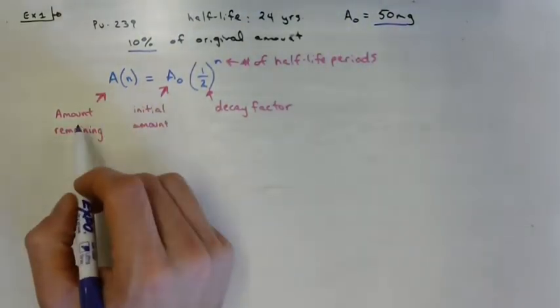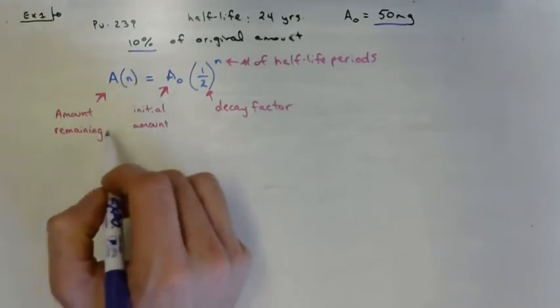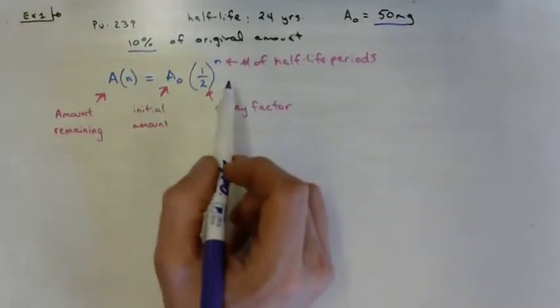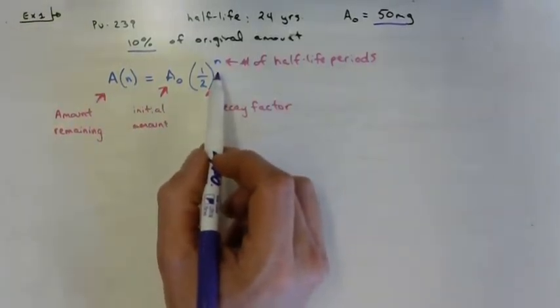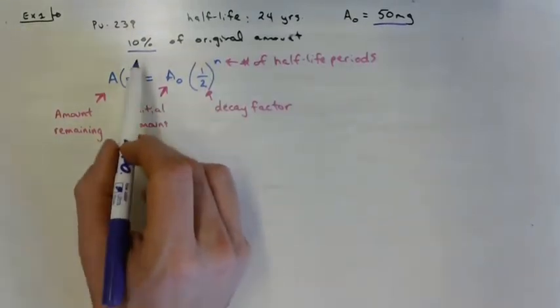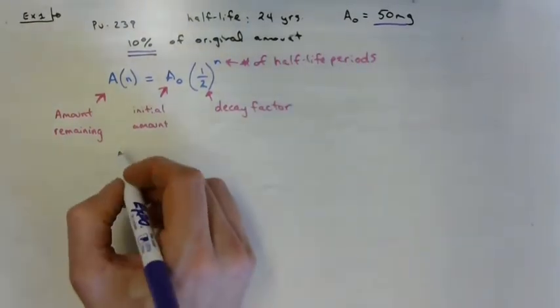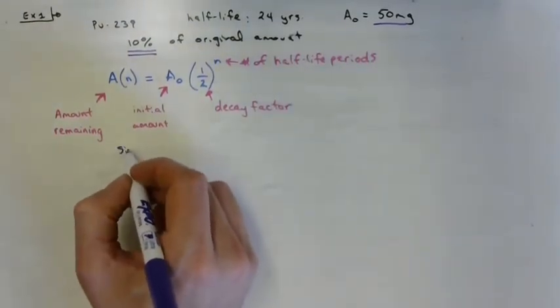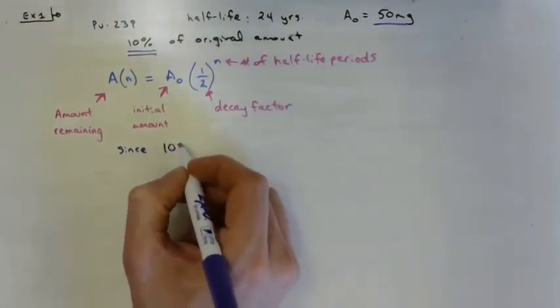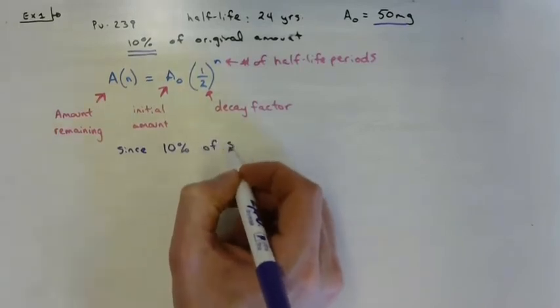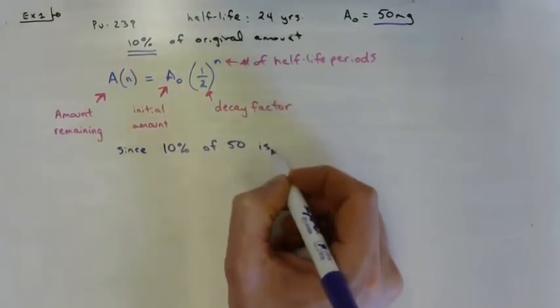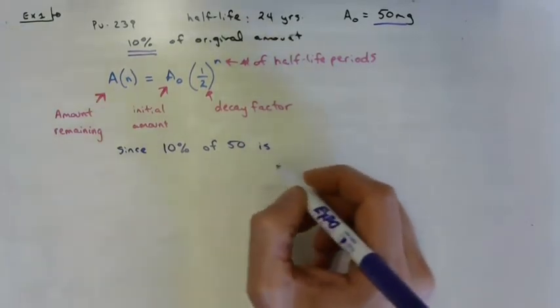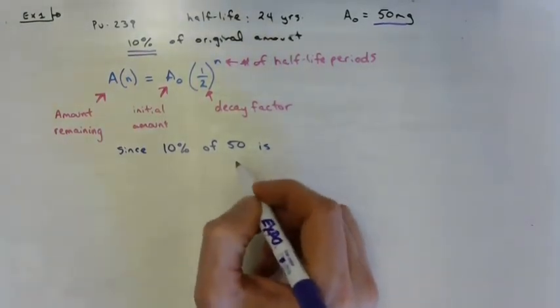But I'm not trying to find out how much of something is remaining. I'm trying to find out how many half-life periods it's going to take to get a specified amount. The specified amount is 10% of 50. And by the way, algebraically, 10% of means multiplication.